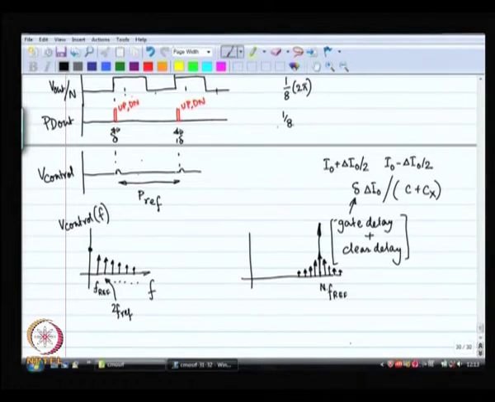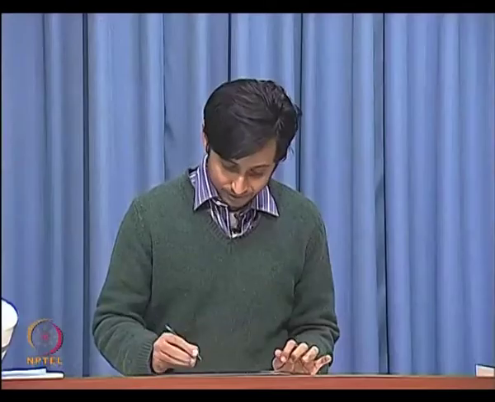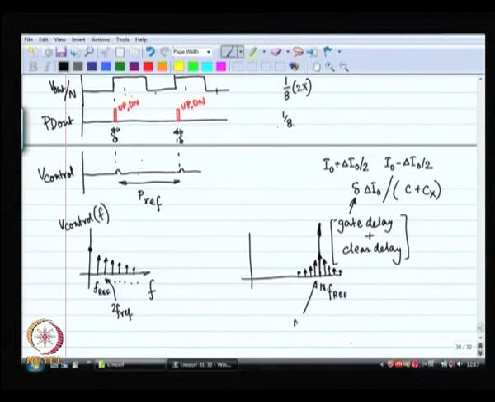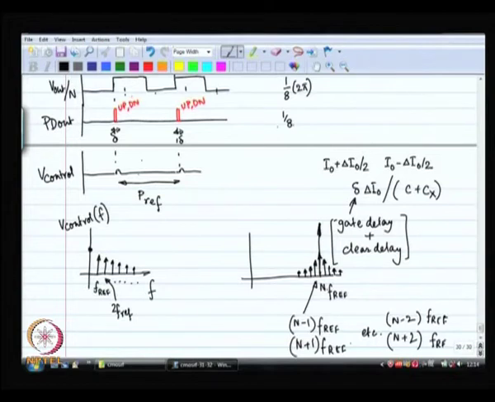Is this clear? What is the rate? Where are those tones going to come at? The tones are going to come at precisely n minus 1 times f ref, n plus 1 times f ref, etcetera, etcetera, n minus 2 times f ref, n plus 2 times f ref, and so on. Right. So, these are the components that you are going to see at the output of the VCO.